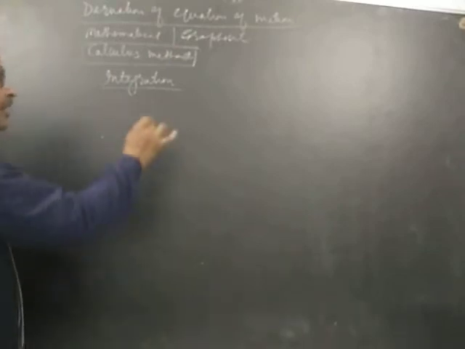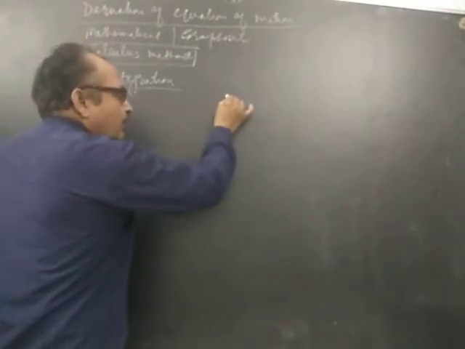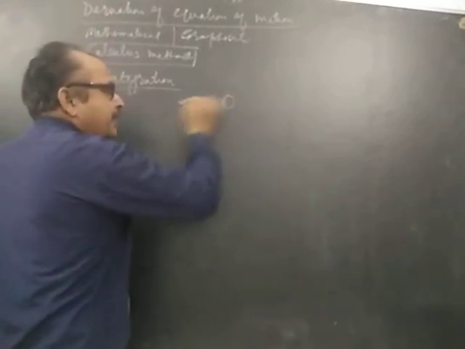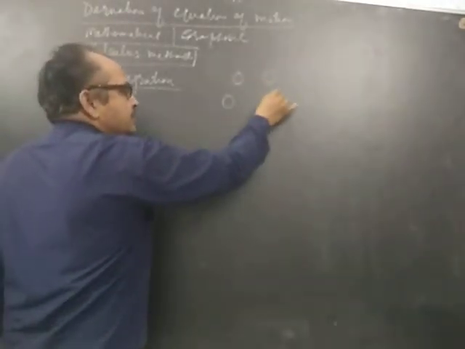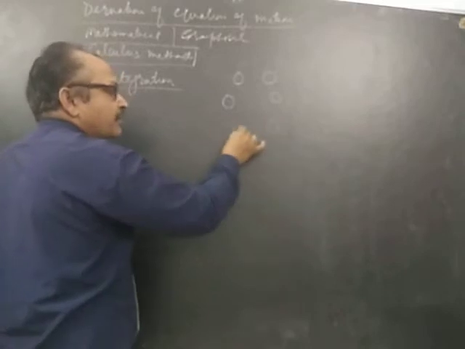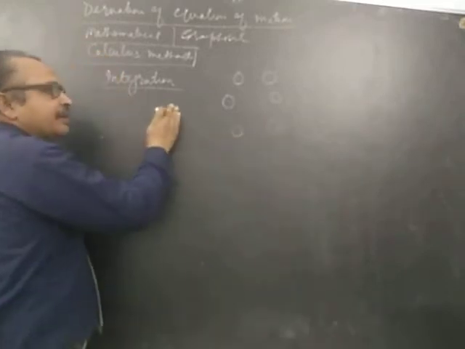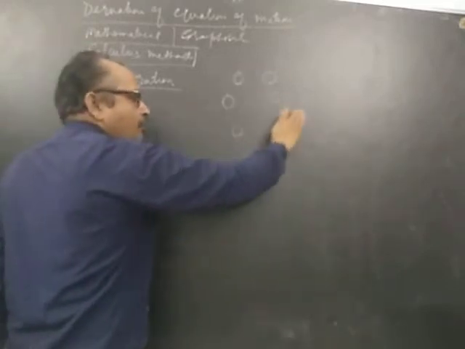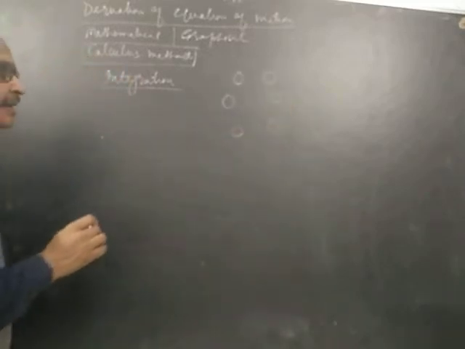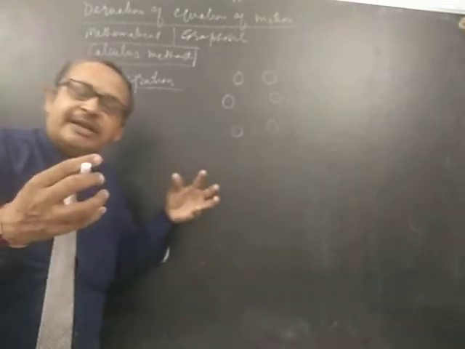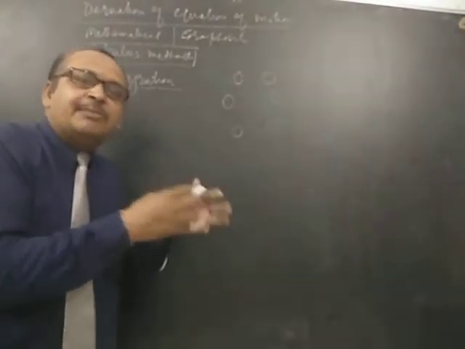Suppose I have a part and there are many similar parts. When I talk about integration, I talk about their total. Integration means we have to combine them together.